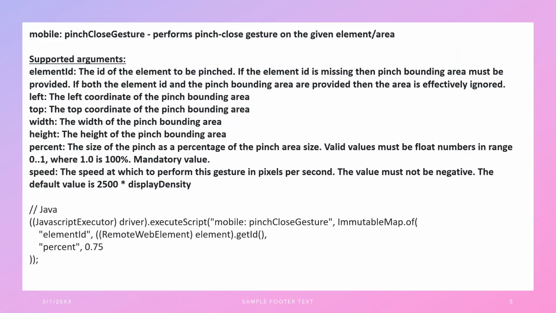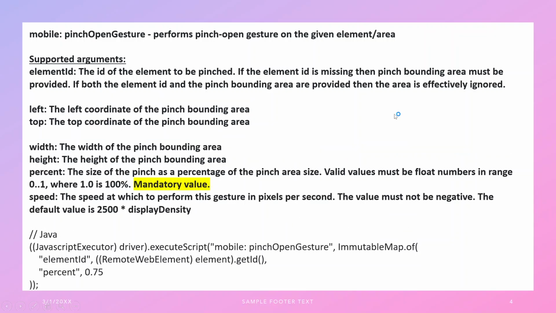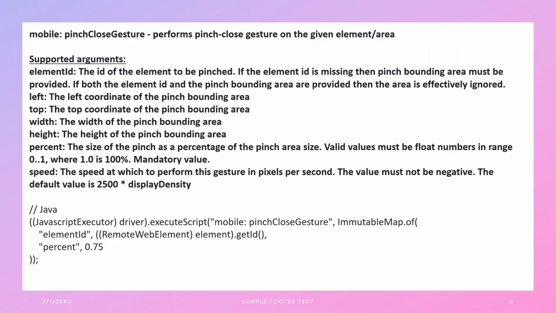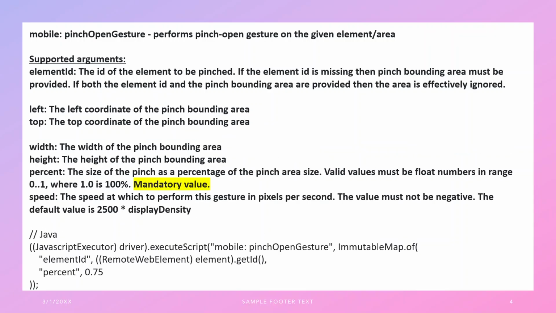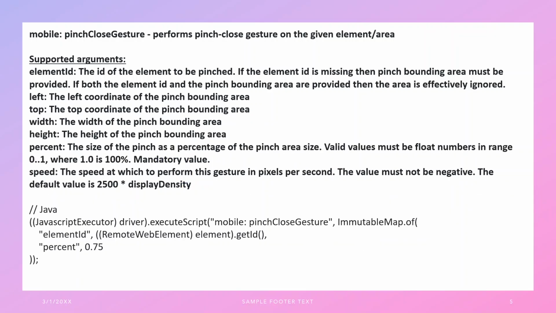The simple difference is that pinch open means zoom in, and pinch close means zoom out. That is the difference between these two. In our video we will use all these arguments and perform both pinch open and pinch close gestures.